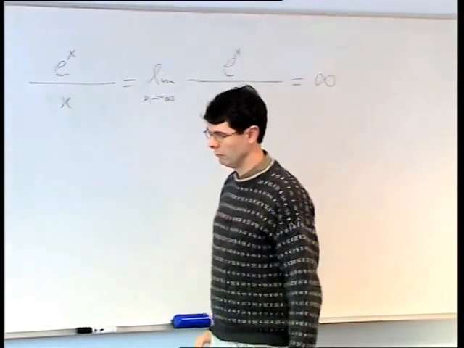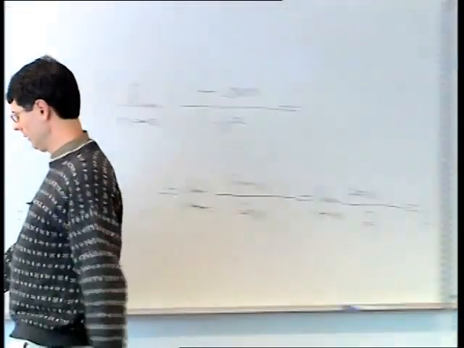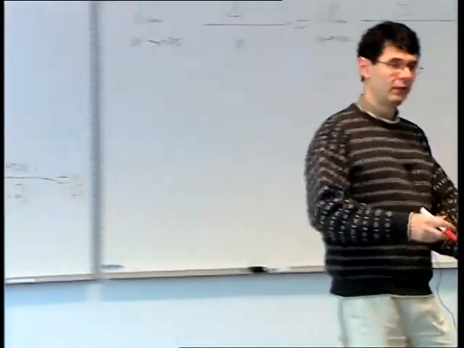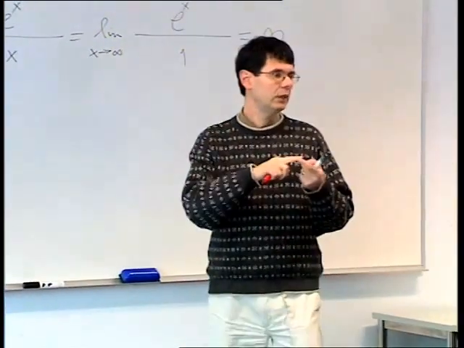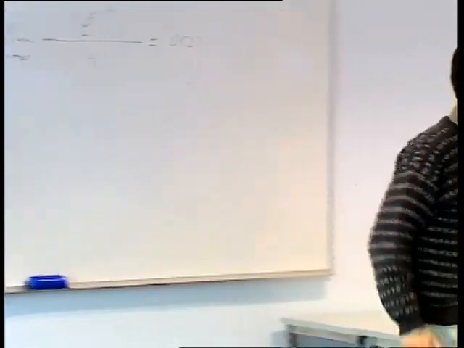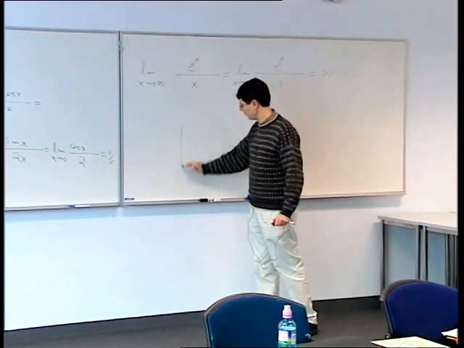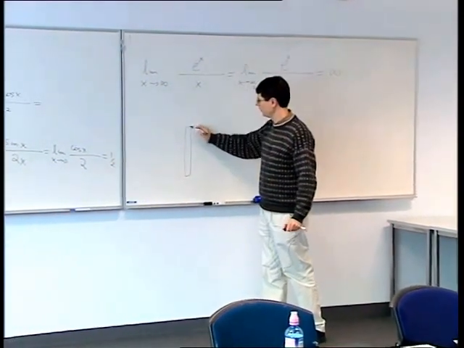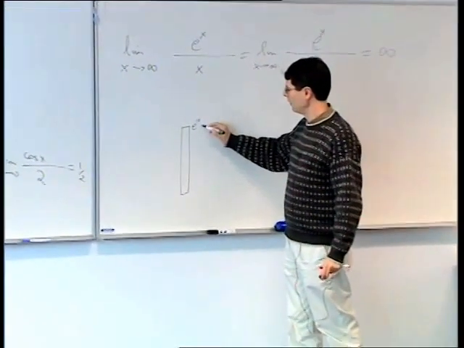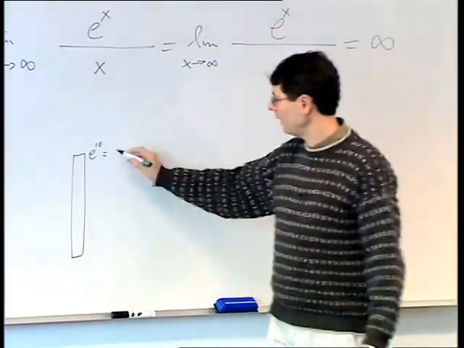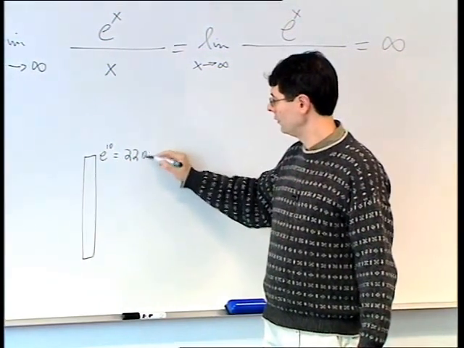If you could visualize that, take a value for x. Say x is 10. Do you have a calculator there? How much is e to the power 10? About 22,000.